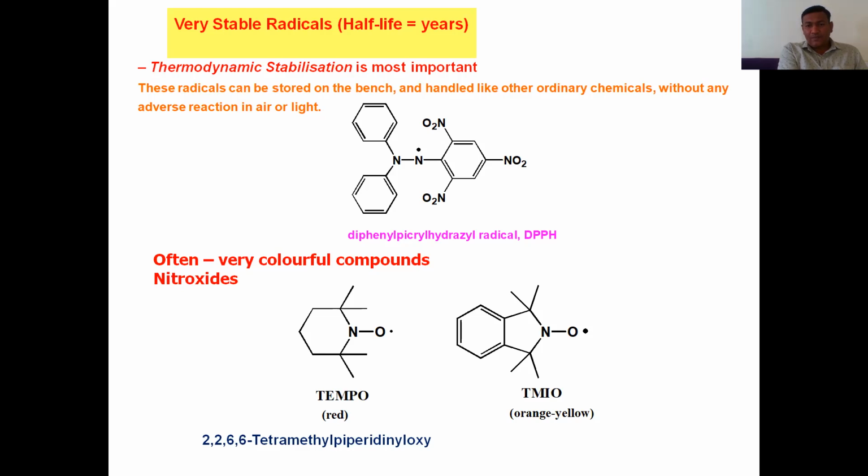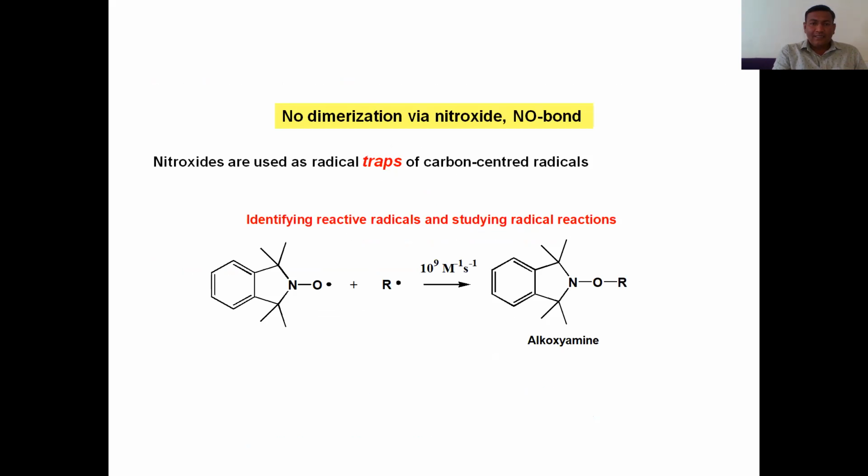In the next session we will learn about the stability of these free radicals: what factors are important for stability or thermodynamic stability, why this nitroxide is stable, why DPPH is quite stable with a half-life of some years. That part we will see in the next session. Right, so thank you guys, and see you in the next session.